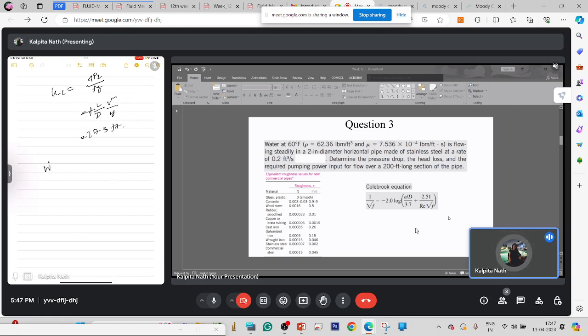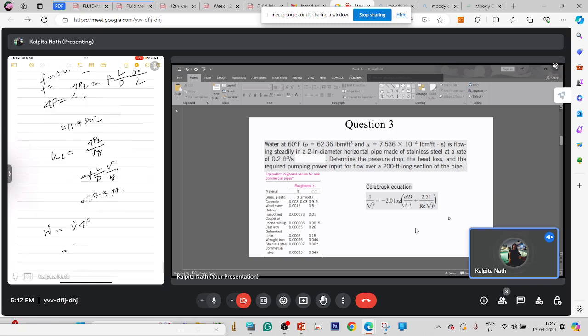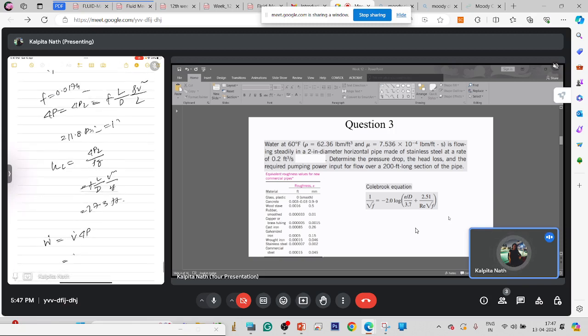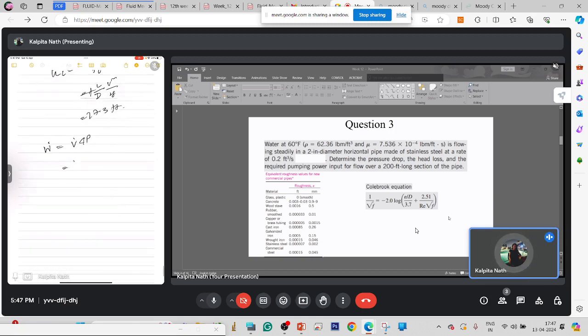The pumping power of the pump is equal to the volumetric flow rate times the pressure difference. So that is the pressure difference, this one, right? This is also 1700 pound force per feet squared. The flow rate is 0.2 feet cube per second, and this is 1700 pound force per feet square.